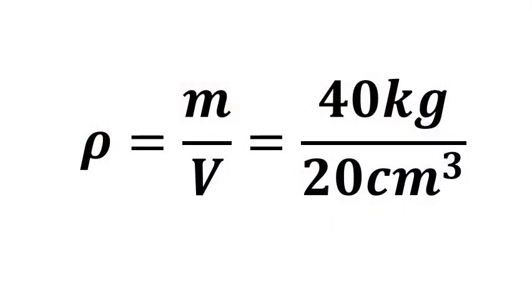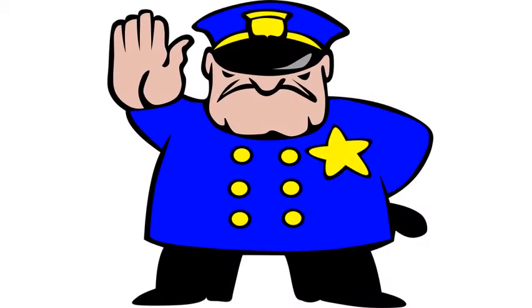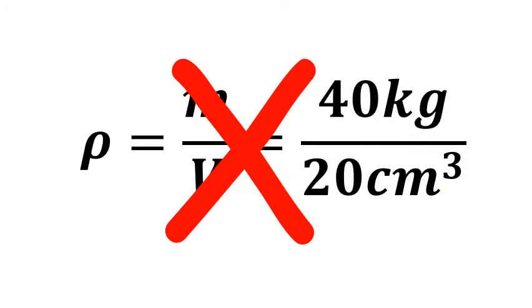So, once again, we write our formula. Density equals mass over volume, rho equals m over v, 40 kilograms over 20 centimeters cubed. But wait. Hold on a moment. If that is what you wrote, then that is not correct. Why isn't it correct?